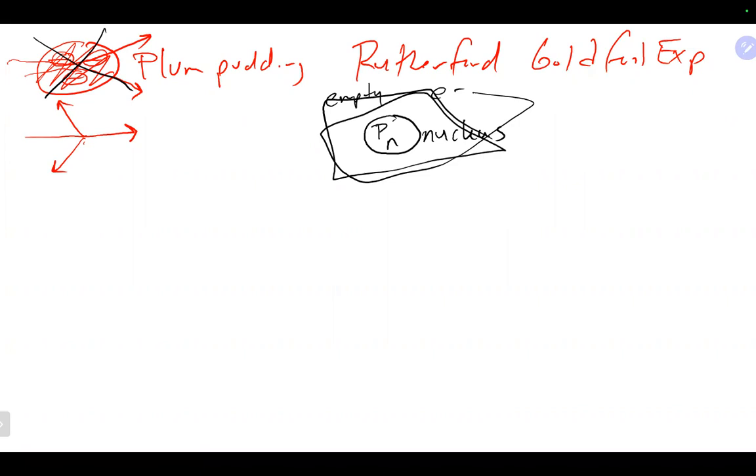As you move farther away from the nucleus, the probability of finding electrons starts to come down. So this is the version of the model of the atom that we know.